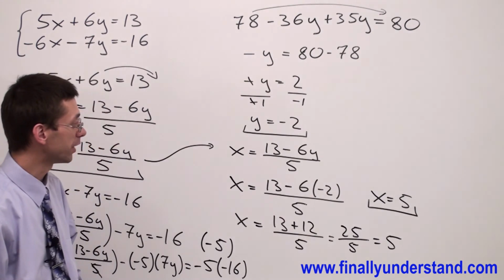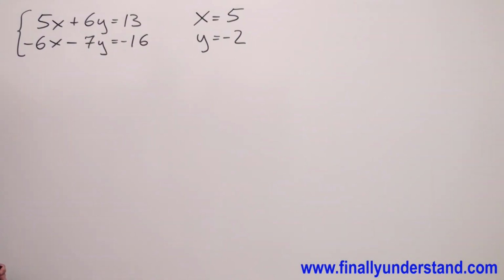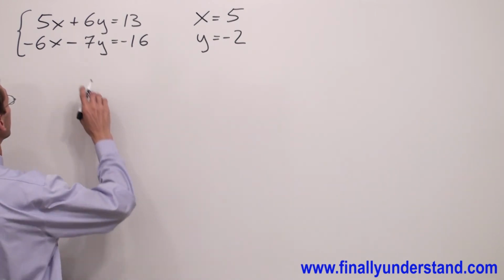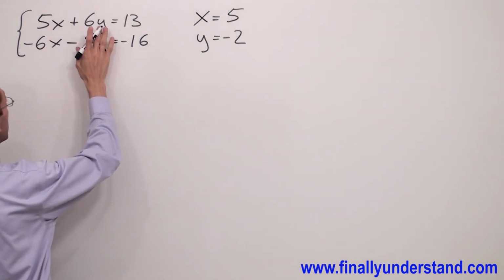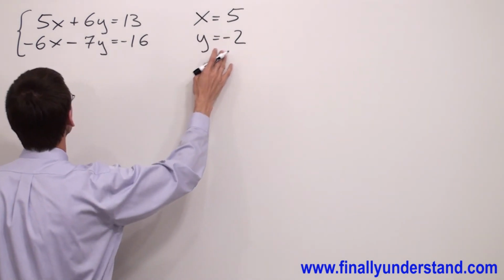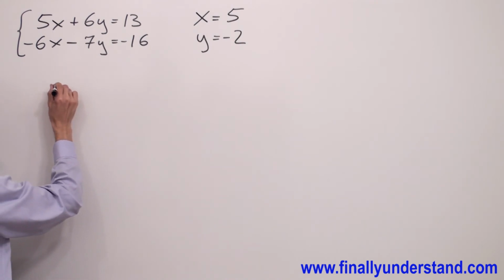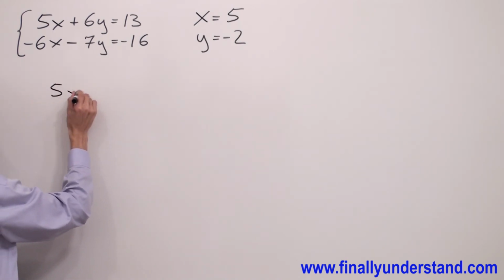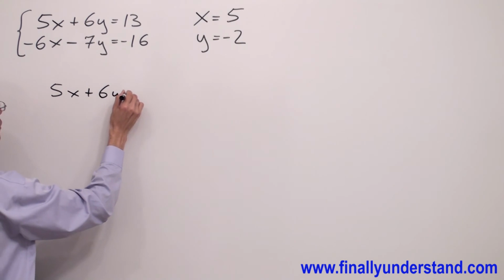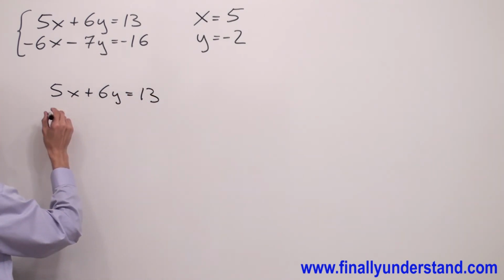Next, we're supposed to verify that our answers are correct. Now we're supposed to replace x's and y's by 5 and negative 2. Copy down the first equation. We have 5x plus 6y is equal to 13. Instead of x, I'm supposed to write 5.